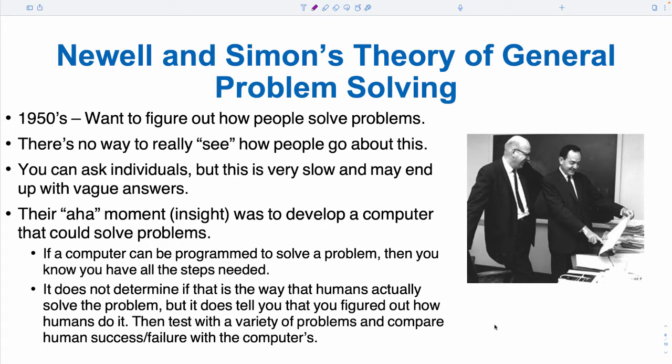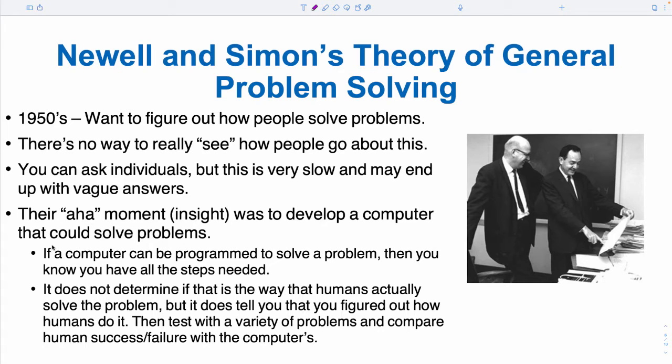Their aha moment, right, their insight, was to develop a computer that could solve problems. So if a computer can be programmed to solve a problem, and it does so successfully, then you know you have all the steps needed. And this was really their insight, that if they could delineate all the steps that a computer can follow to solve a problem, then you know you have all the steps, right?